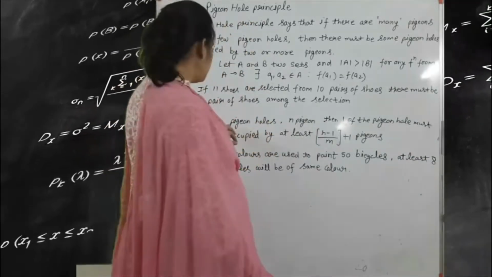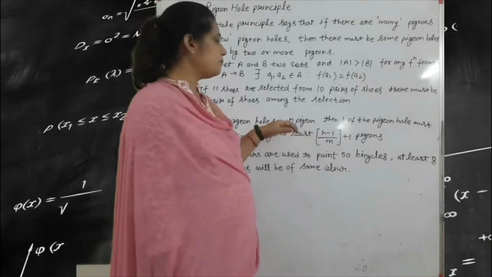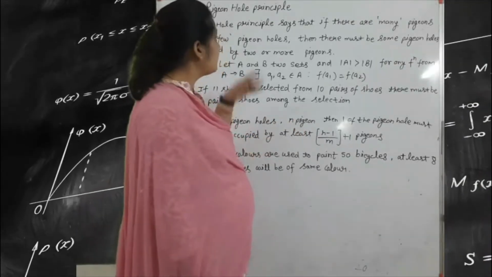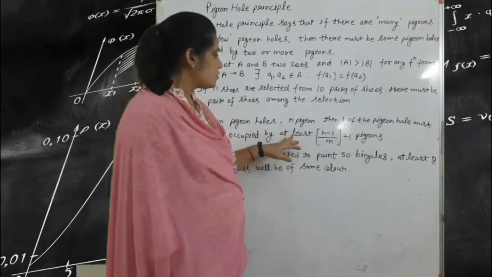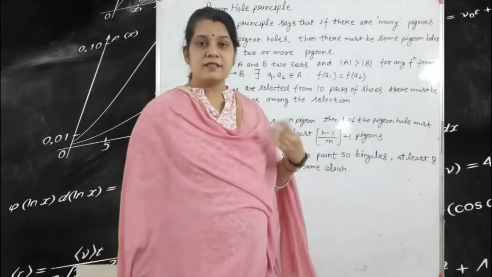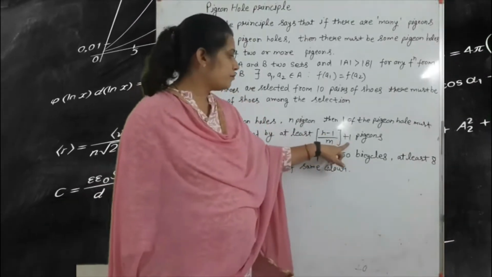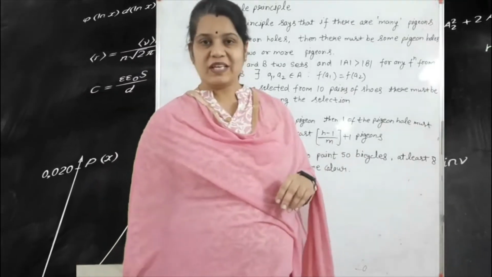Got it? So here, m pigeonholes and n pigeons. This is the extended pigeonhole principle, and the formula is (n minus 1) upon m, plus 1 pigeons.